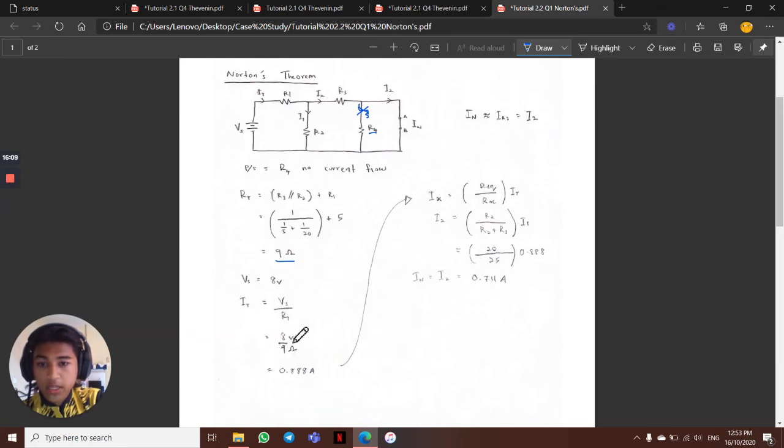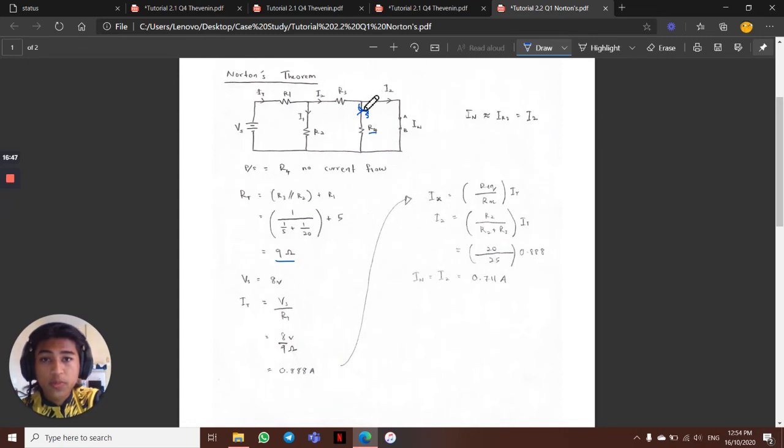So 8 divided by 9, we will get the current 0.88 ampere, and the I total that we already calculated, we insert in the current divider, which needs the IT value, and Req is the equivalent resistor. We divide by the Rx, which is the particular current that we want to find, which is I2.